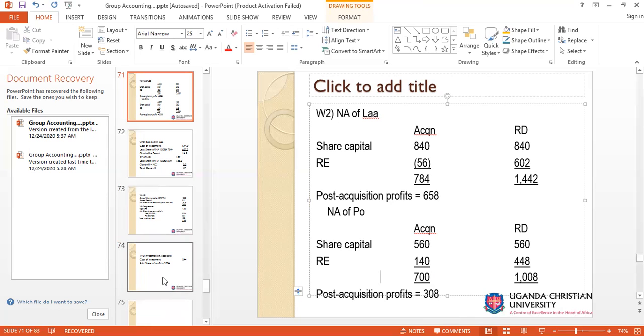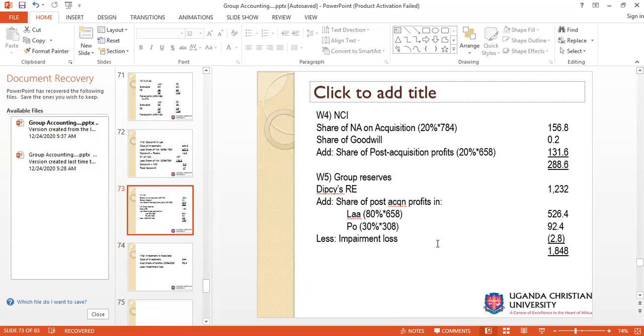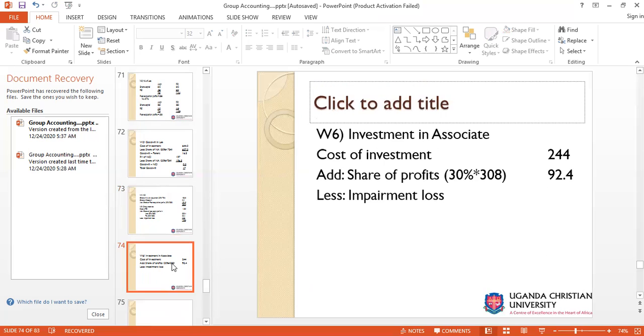So 308 times 0.3 is 92.4. Then any other change? Less impairment loss, and that is the exact loss we put in the group reserves, 2.8.